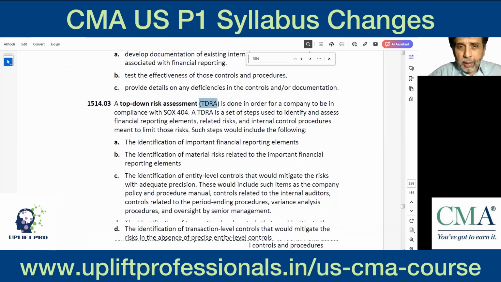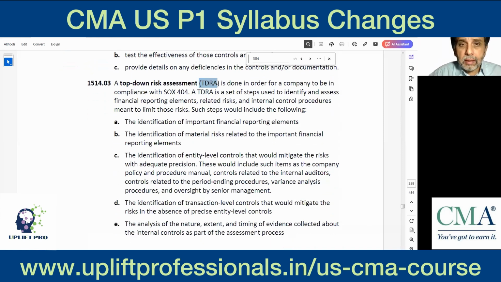A tip I give you: be very familiar with this TDRA for internal control testing measures, top-down risk assessment. The approach for theory is not the same as the approach for practical number questions. Both require practice, but theory requires more.